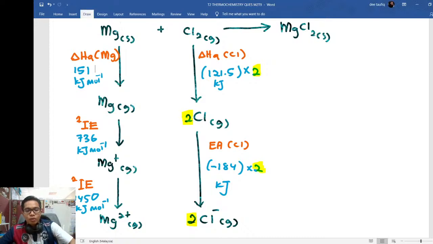And finally, last one, Mg2+ with our Cl- to produce kita punya solid ionic compound dekat atas ni.